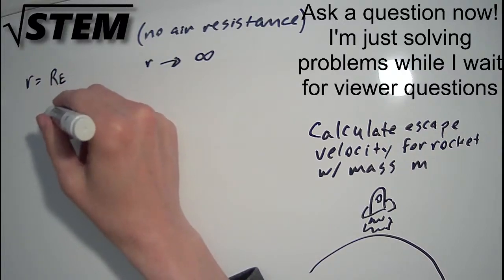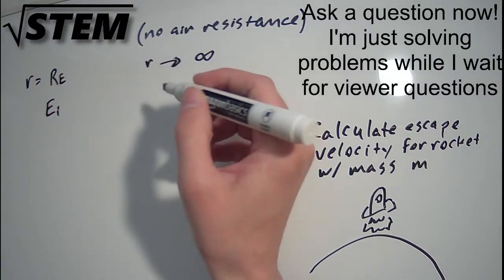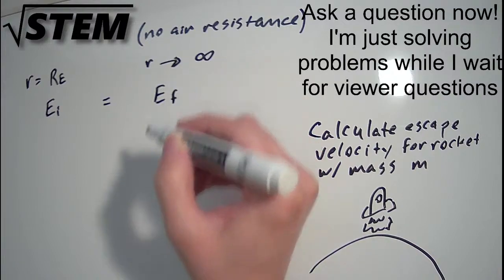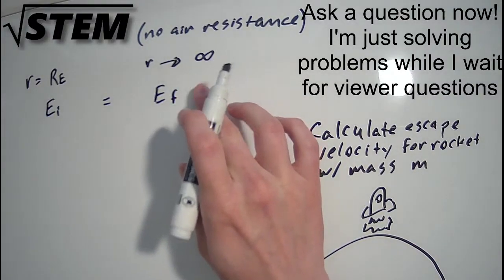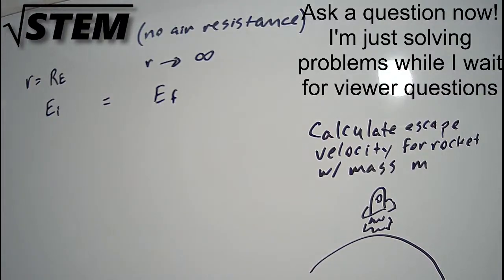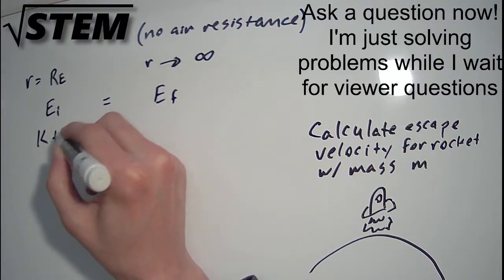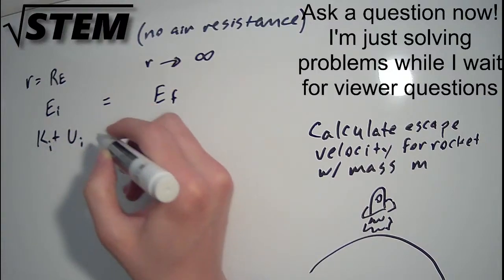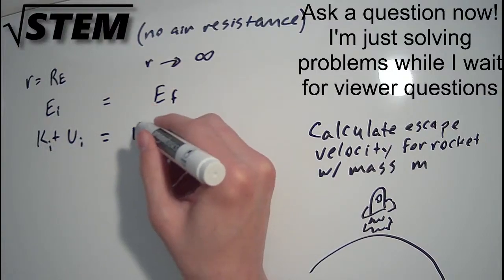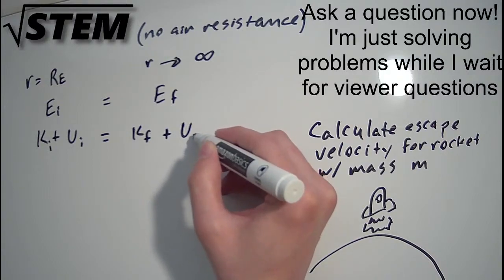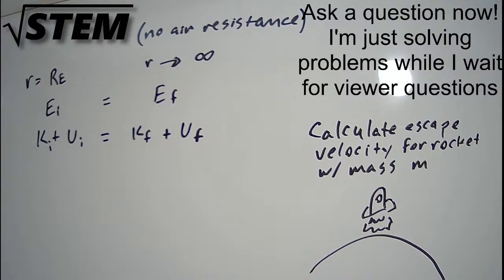So we're going to say that the energy it has initially while it's sitting on the Earth's surface is equal to the energy it will have as it goes out to infinity. And then we'll take stock of what kinds of energy we have. We have kinetic and potential energy initially, and then we'll have kinetic and potential energy at the end.